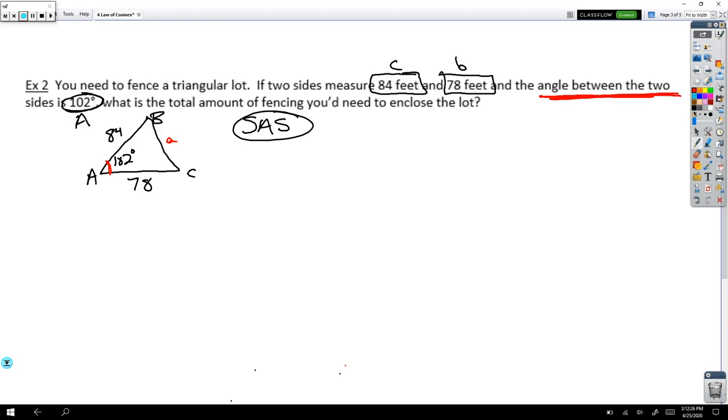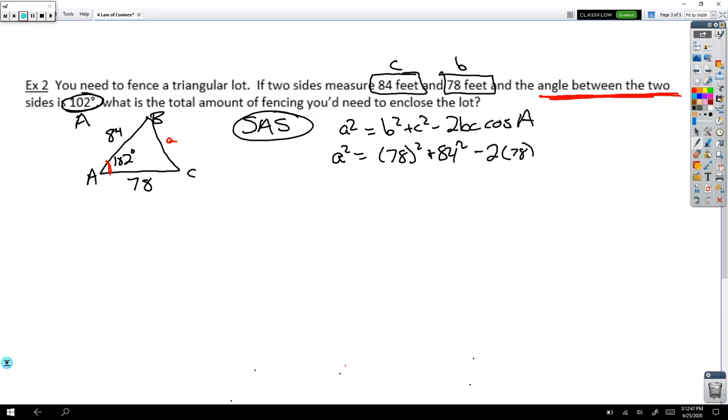So I'm using the formula a squared equals b squared plus c squared minus 2bc cosine of A. Plugging in everything I know, we would have 78 squared plus 84 squared minus 2 times 78 times 84 cosine of 102 degrees.